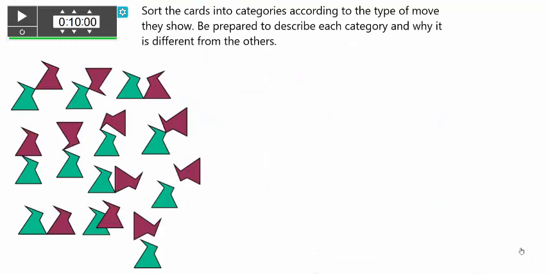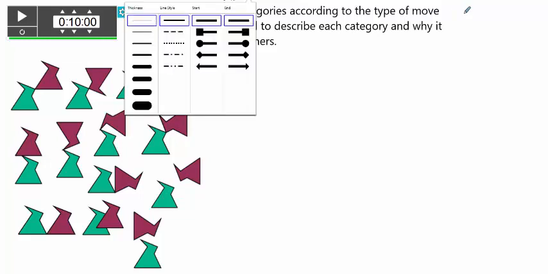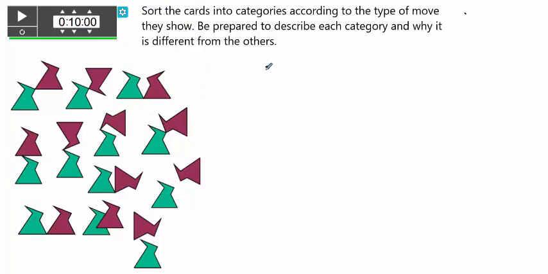Okay, for the next activity it says sort the cards into categories according to the type of move they show. Be prepared to describe each category and why it is different than the others. So the types of moves we know so far are slides, turns, and reflections.